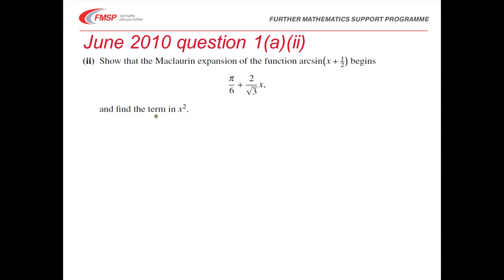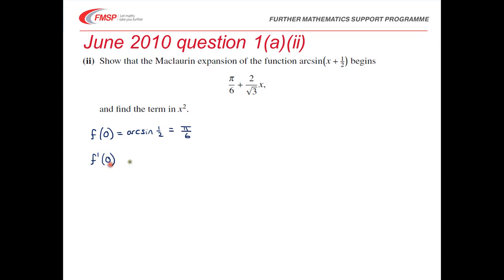We then use that to find the Maclaurin expansion. So our function is arcsine of x plus a half. So f of 0 is arcsine a half. We know that sine of pi over 6 is a half, so arcsine of a half is pi over 6.